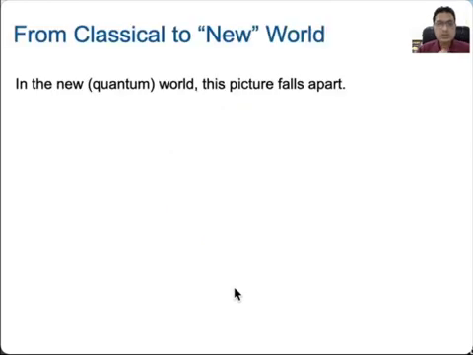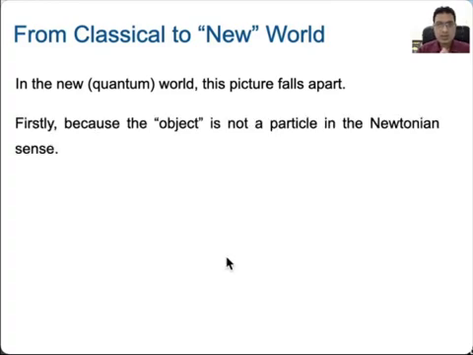In this new quantum world, the picture of exactly knowing the position and velocity or momentum is not valid. So let's ask a question: if the object is not a particle in the Newtonian sense, what does it mean? Then it is also not a wave.